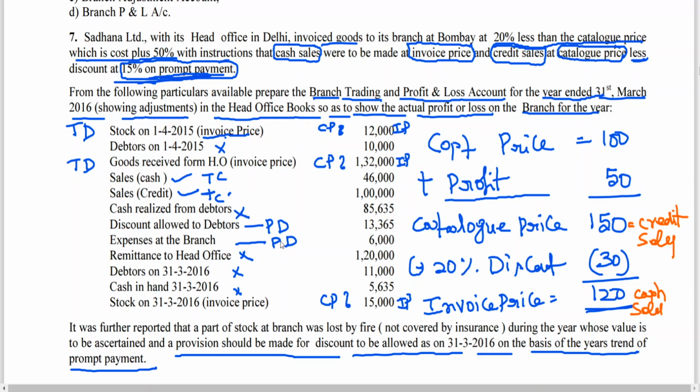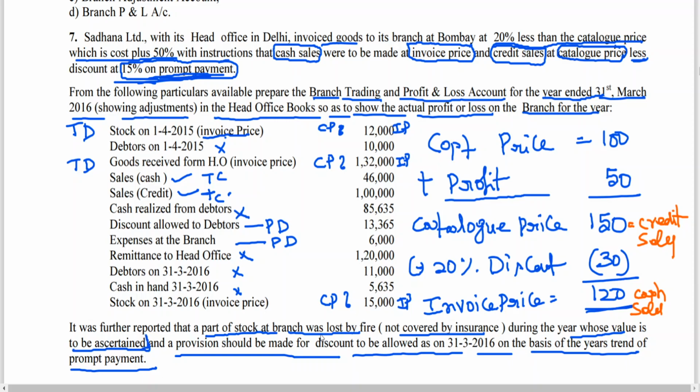Before I start explaining, if you got the time, take out one rough sheet. Can you try? Can you find out the profit? With calculator, you can do it. I've given everything here. I want to give you 2 minutes, but before that, wait a minute. It was further reported that part of stock at branch was lost by fire, not covered by insurance, during the year, whose value is to be ascertained.